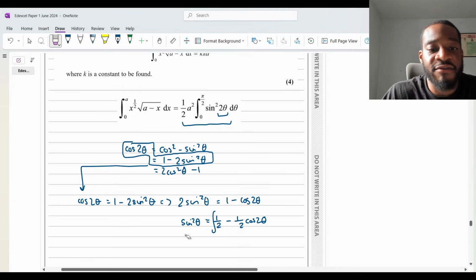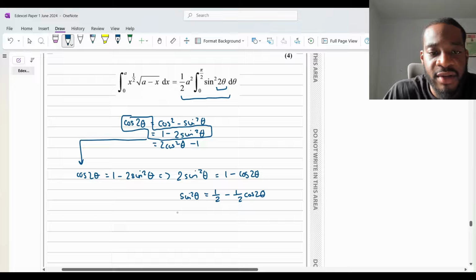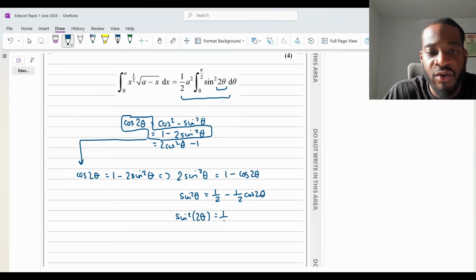Now, remember, we don't have sine squared theta though, do we? Our angle is 2 theta. So look at the relationship: if this angle is theta, the one on the right is 2 theta. So if this is 2 theta here, we have to double the angle on the right, and that's going to be 4 theta.